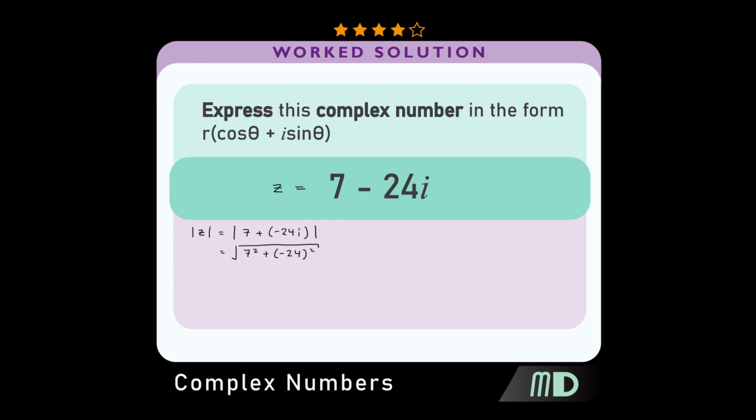And 7 squared is 49, and minus 24 squared is 576.